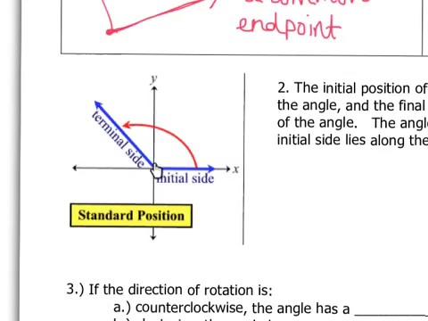When your initial side lies along the x-axis, which it does here, this is what we call standard position. Okay? So initial side is where it starts, terminal side is where it ends. When your initial side lies along the x-axis, we consider that to be standard position.